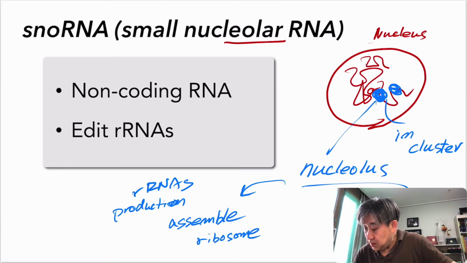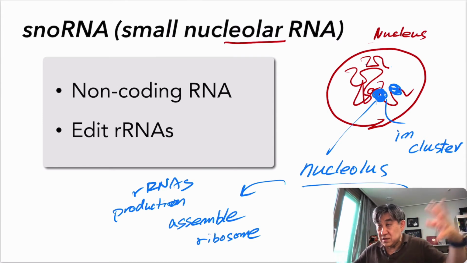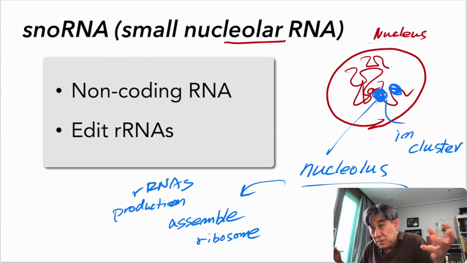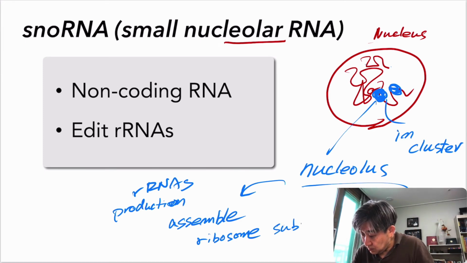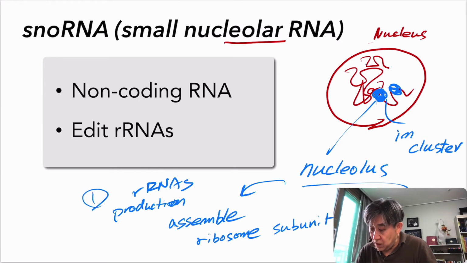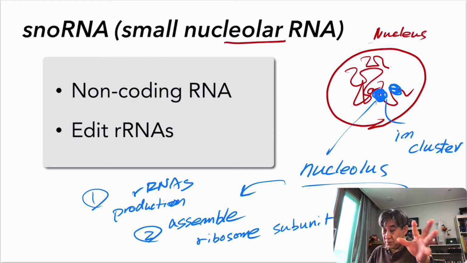To assemble each subunit, it takes many different ribosomal proteins plus ribosomal RNA, and you must combine them together. So assembling the ribosome subunit is another function. One is ribosomal RNA production, and second is ribosome subunit assembly.